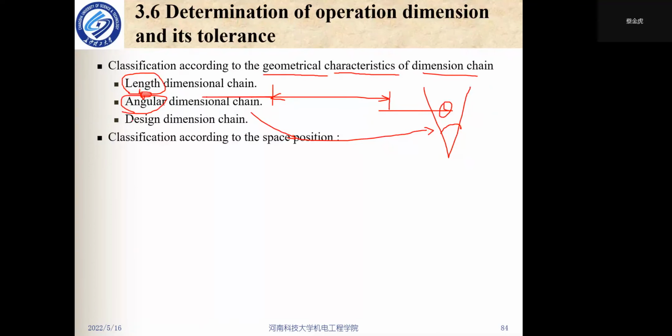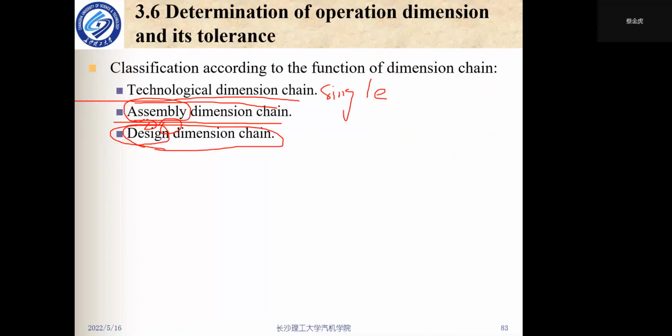The design dimension chain is not included in the classification of geometrical characteristics.